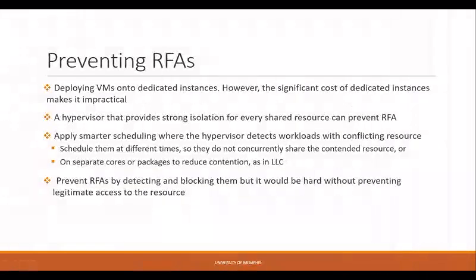So how to prevent the RFA? To prevent RFA, you can just run your server on a dedicated physical machine. You don't want any other customer to be correspondent with you, but you need to pay for it. It's much more. Also, if the hypervisor was able to achieve 100% isolation, that would prevent RFA.